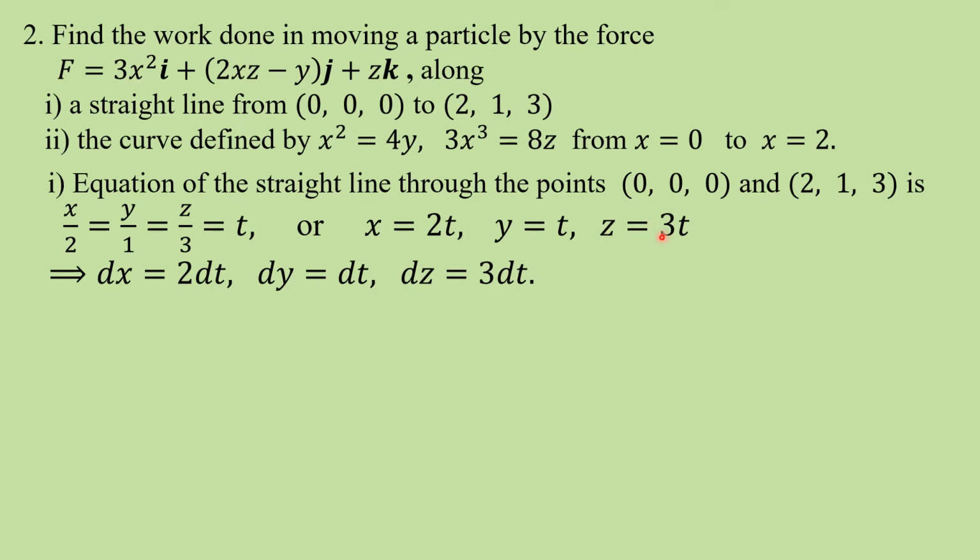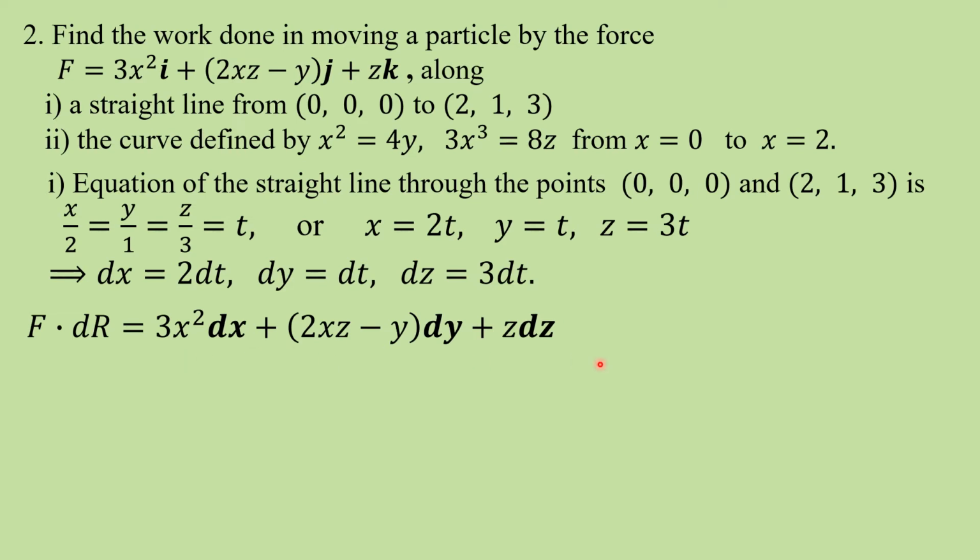So take the dot product f dot dr, that is 3x square dx plus (2xz minus y) dy plus z dz. As you know, dr is dx i plus dy j plus dz k. Now substitute everything as a function of t here: x equal to 2t, y equal to t, z equal to 3t, and the corresponding dx, dy, dz in terms of t.